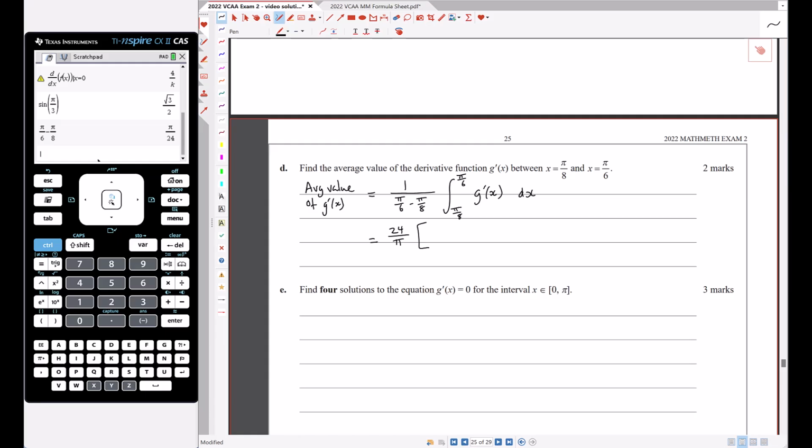Now, the antiderivative of the derivative is g, so that's g of x from pi on 8 to pi on 6. So this is going to be 24 on pi, g of pi on 6, which we've already worked out, minus g of pi on 8, which we'll need to work out.